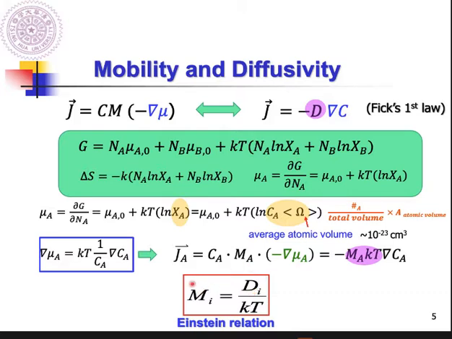So the relationship is proportional, and now you can use the diffusivity to describe how fast the diffusing atoms diffuse through your materials.